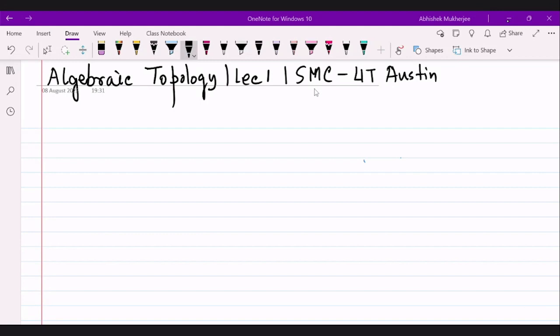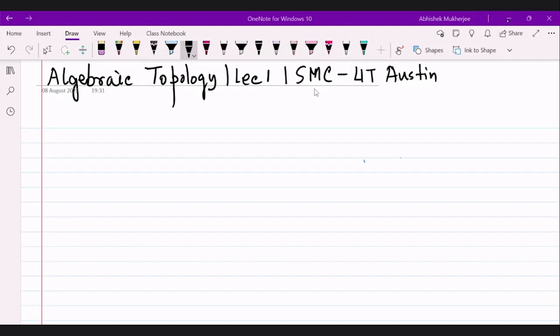My topic in this summer mini course is algebraic topology, basic notions of algebraic topology. In this course I will cover two important notions: one is covering spaces, and another one is deformation retracts.